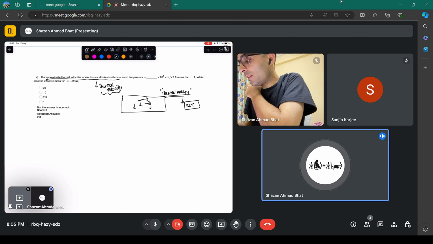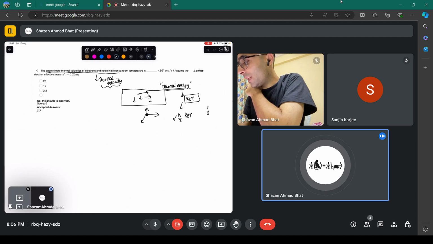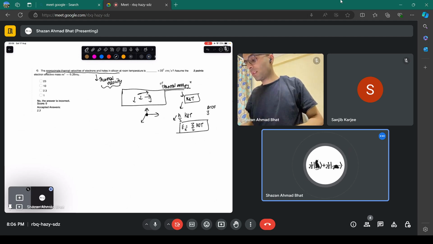If you consider the degrees of freedom of the electron, meaning the electron can go this way or this way, then the actual relation is n/2 times kT. If n is the degrees of freedom, and there are 3 degrees of freedom, then the energy can be written as 3/2 kT, which is the thermal kinetic energy because of the thermal motion of the electrons.